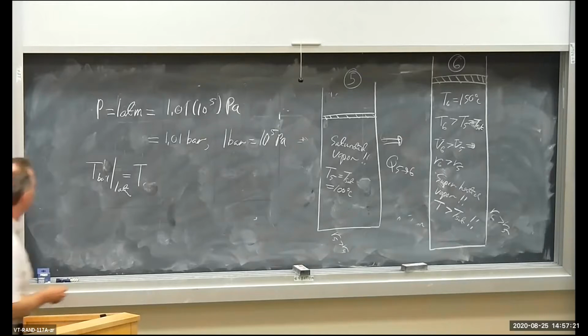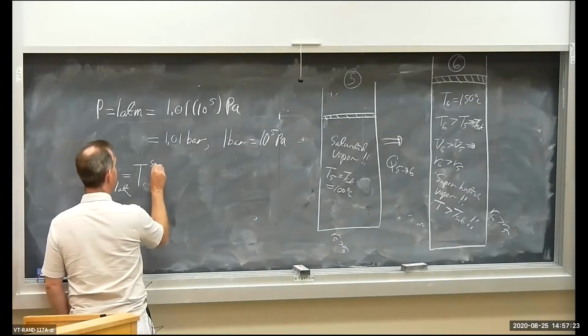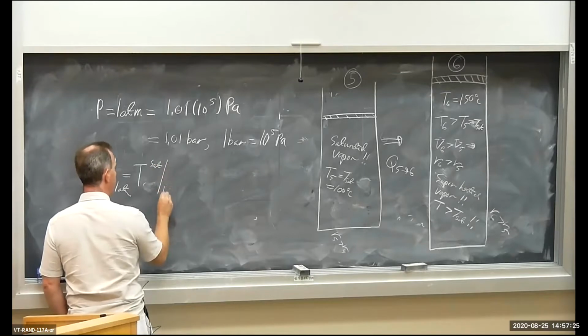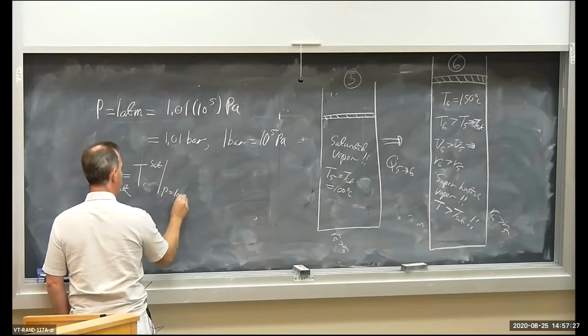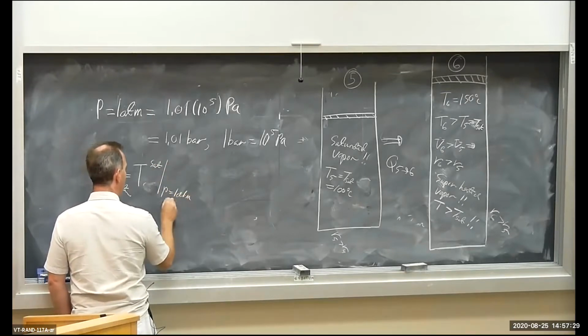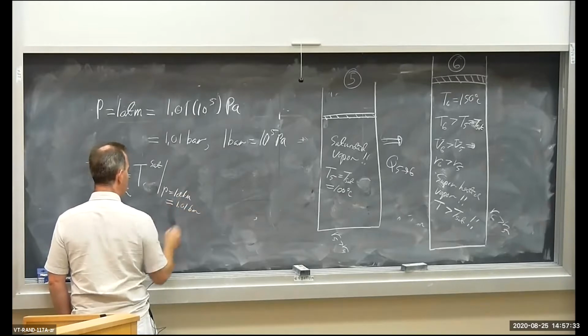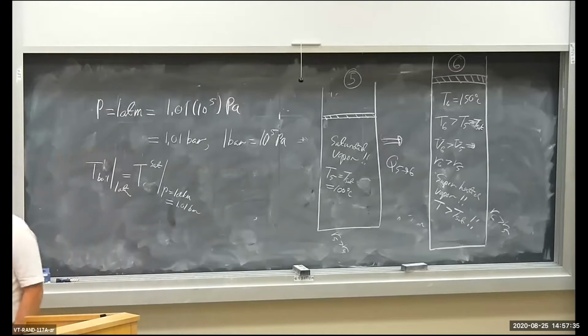Well, so T sat at pressure equals 1 atmosphere. Or if you like, 1.01 bar. It's actually 1.014. So let's have a look here at our saturation tables.